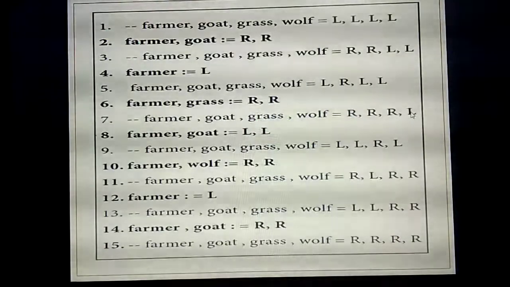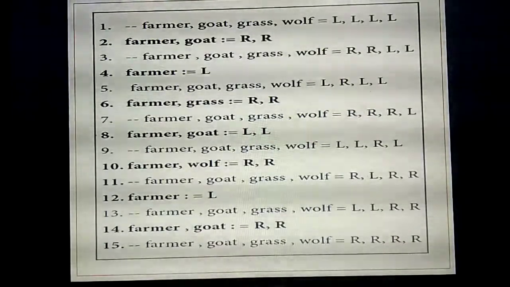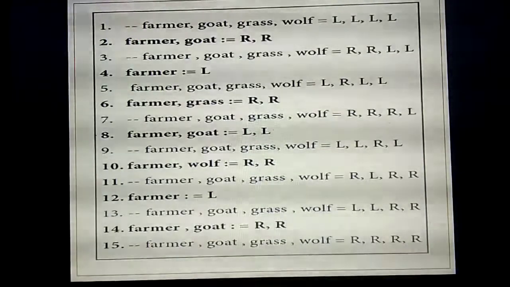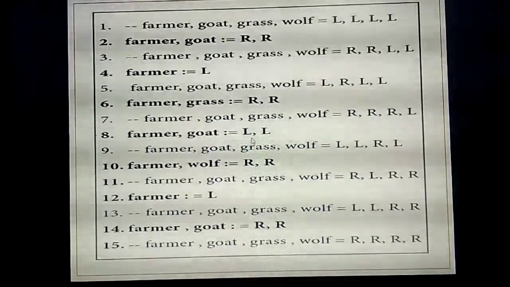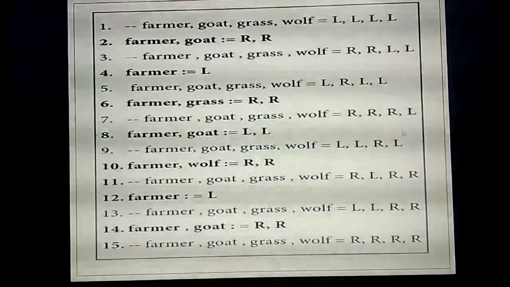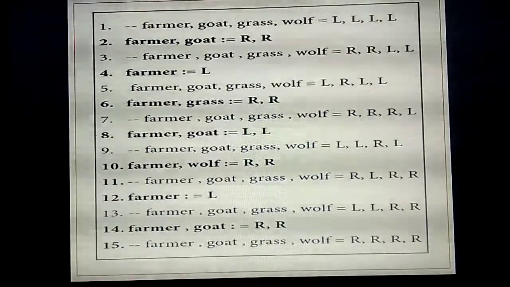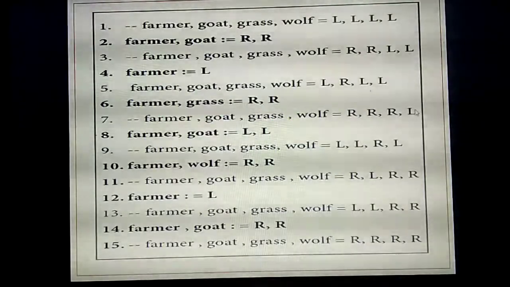But what's the condition? If a goat is left along with the grass bundle, goat will eat all of it. So the farmer is coming to the left side along with the goat. Understand? So here grass, farmer and goat, both of them are on the right side, only wolf alone on the left side.